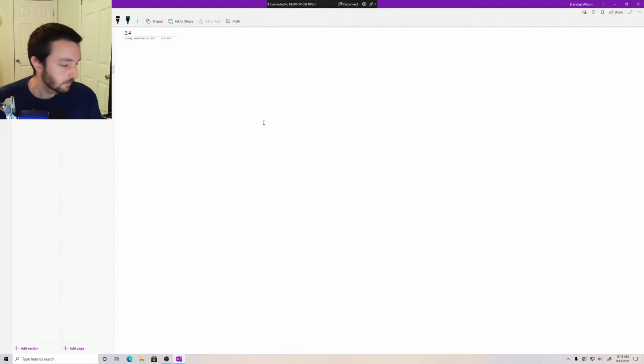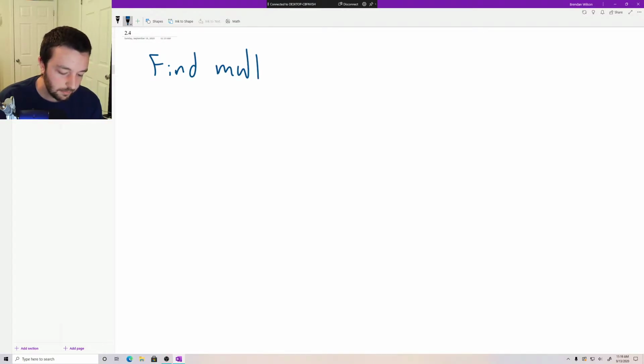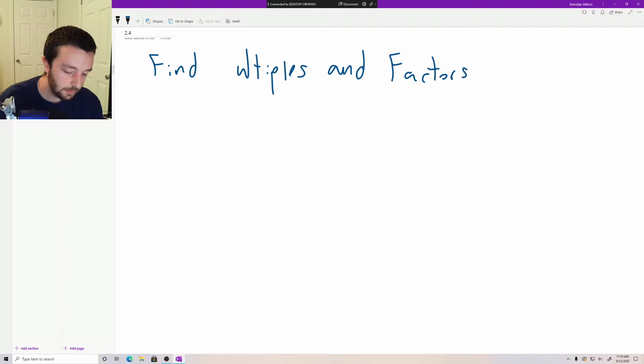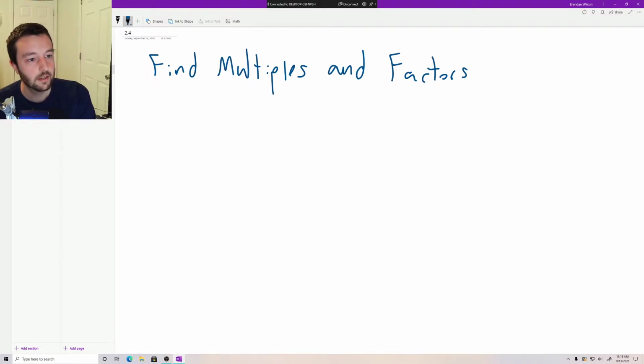So this section is called Find Multiples and Factors. Okay, find multiples and factors. So multiples means that, well, here, let's just write down the definition here.